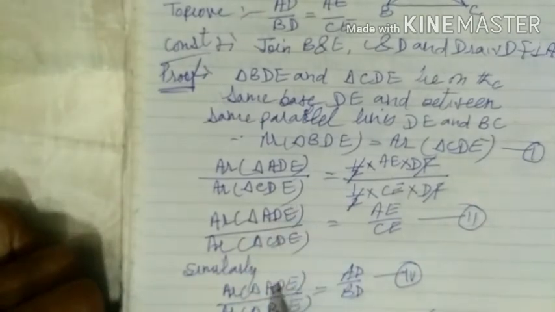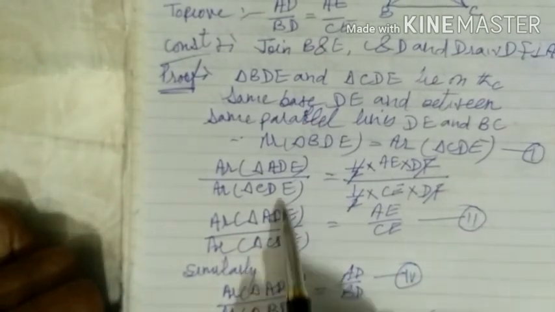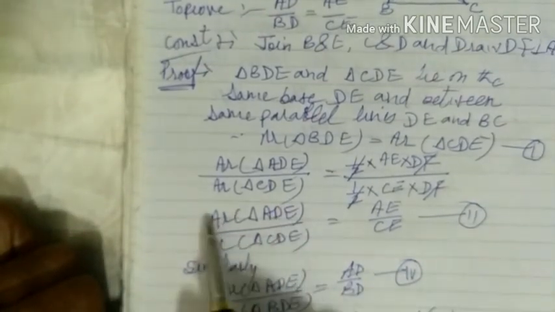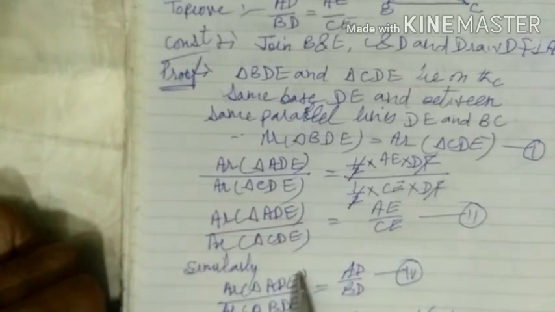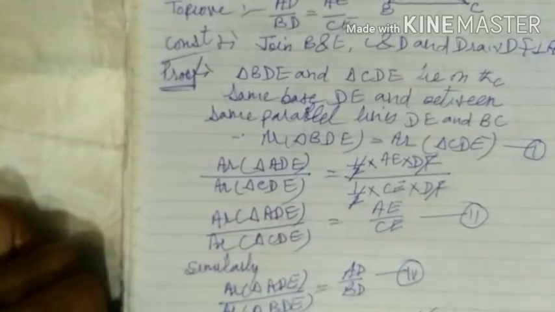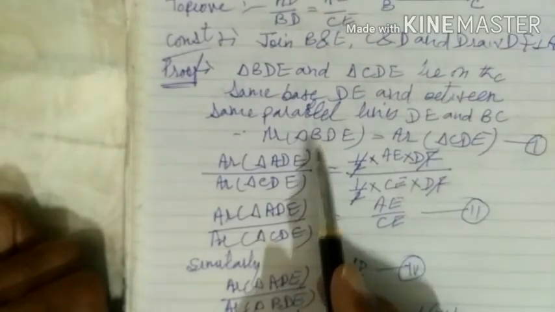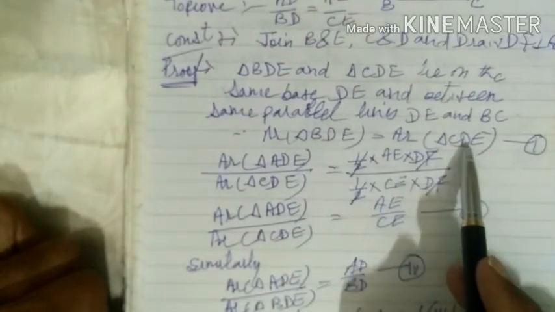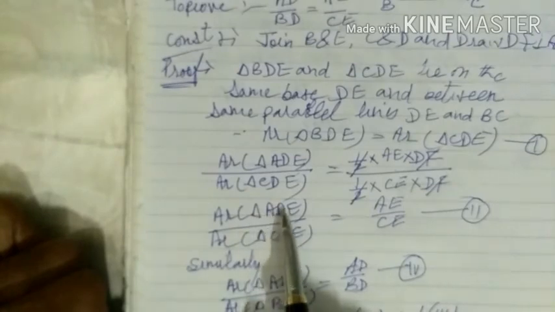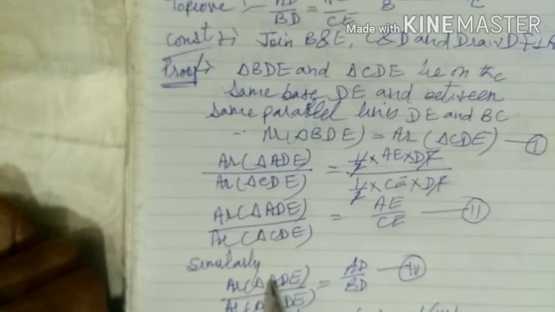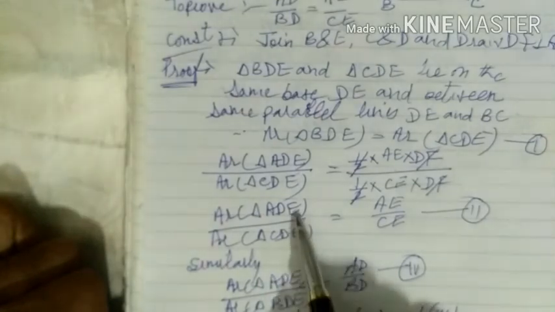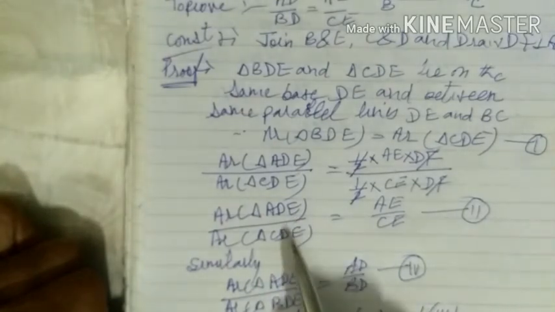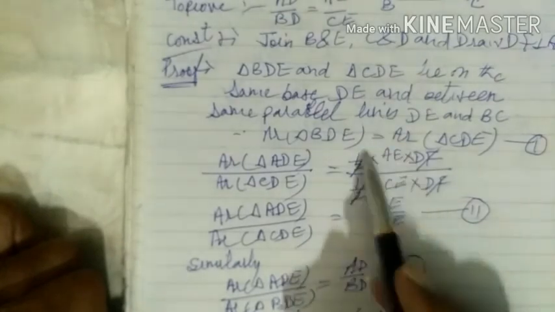From equation 2 and 3, numerators of left sides are equal, area of ADE, but denominators are not equal. So from equation 1 we can see area of BDE is equal to area of CDE. So left side of equation 2, ADE upon CDE, and left side of equation 3 is ADE upon BDE, but the numerators are equal and denominators are also equal from equation 1.